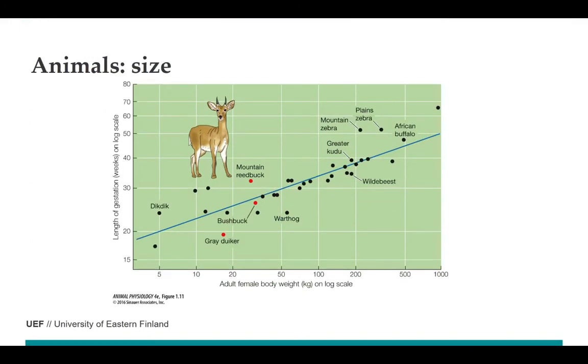Then, last but not least, we also have a factor like size. An environment affects animals that are large or small in a completely different way.